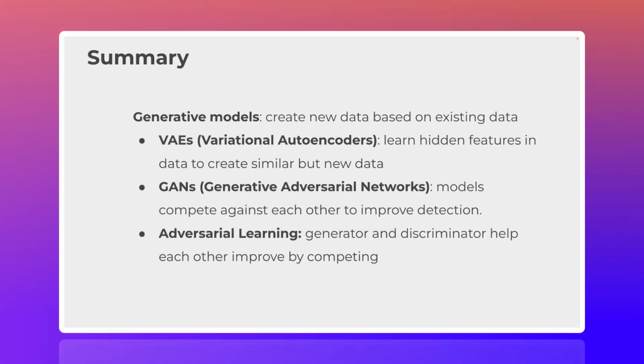And adversarial learning is this training technique where two models, in this case the generator and the discriminator, help each other improve by competing. That is the basis of these two kinds of generative models.